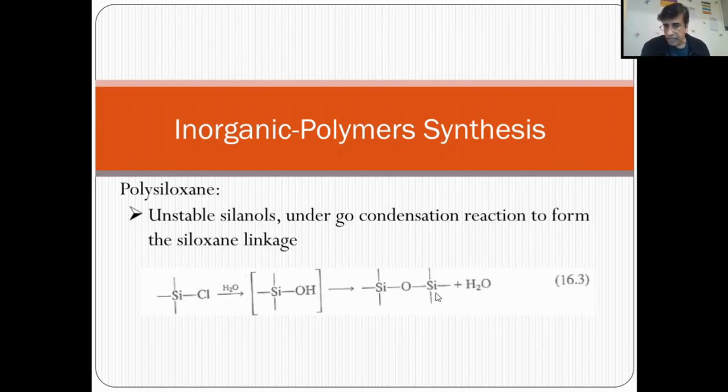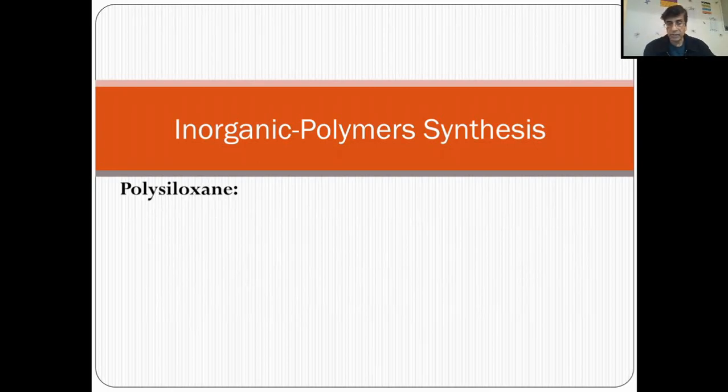But this dimer cannot proceed further, so this mono-substituted silanol can be used for terminating the reaction.